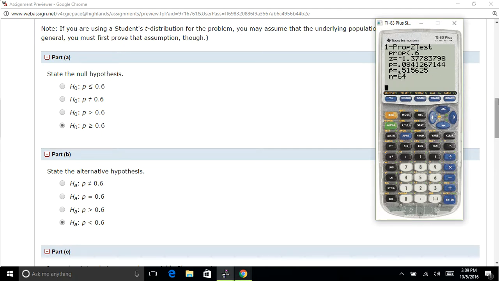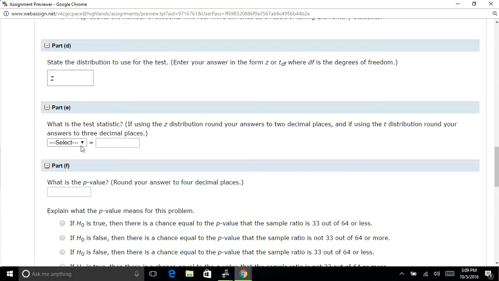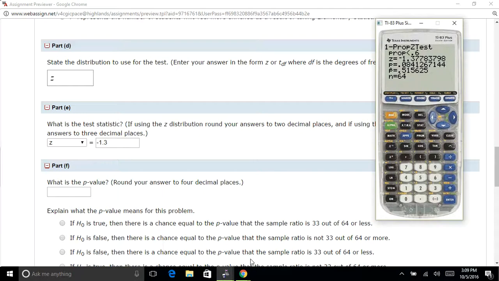All right, so I have my z and my p. My z is negative 1.3778. I'm going to go down here and see how many decimals it needs. It needs 3. So I'm going to put a z here, negative 1.378. So that's going to be my answer.